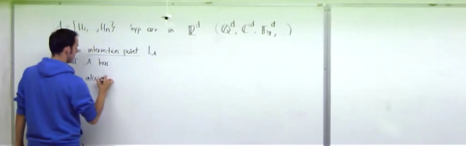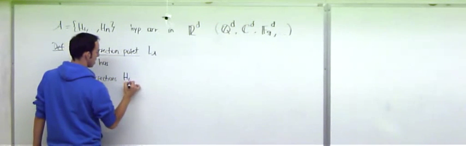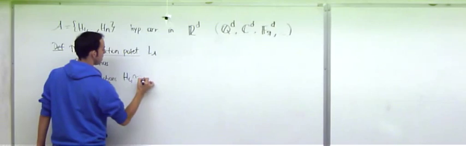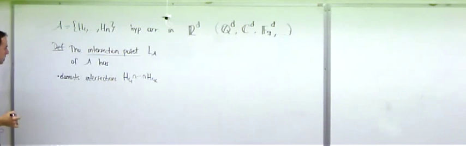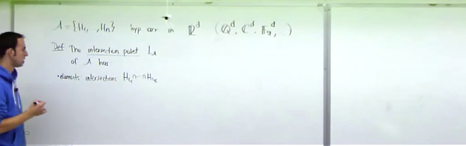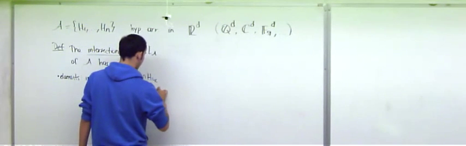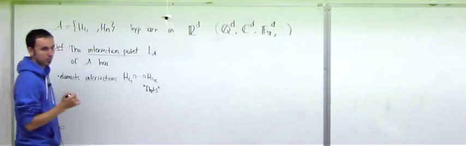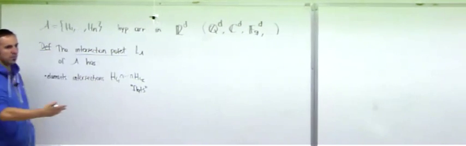So intersections, so something like H_{i1} intersect ... intersect H_{ik}. And I should tell you that sometimes these things are called flats. And they're just going to be subspaces of various dimensions.